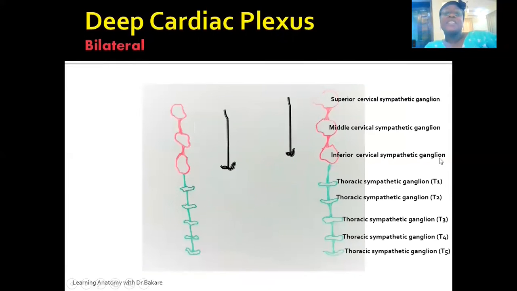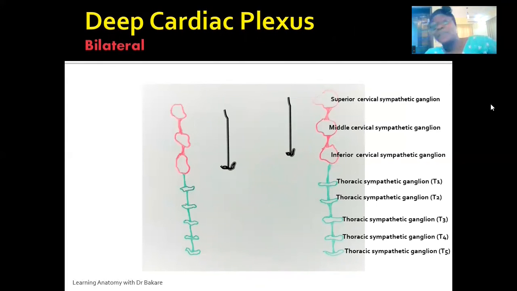So going further to the deep cardiac plexus, this is where it gets more interesting. We already said that the deep cardiac plexus is more complicated than the superficial cardiac plexus, and we've also established where the deep cardiac plexus is located in our previous slide. So going to how this plexus is formed, we should expect more branches coming together to form it.